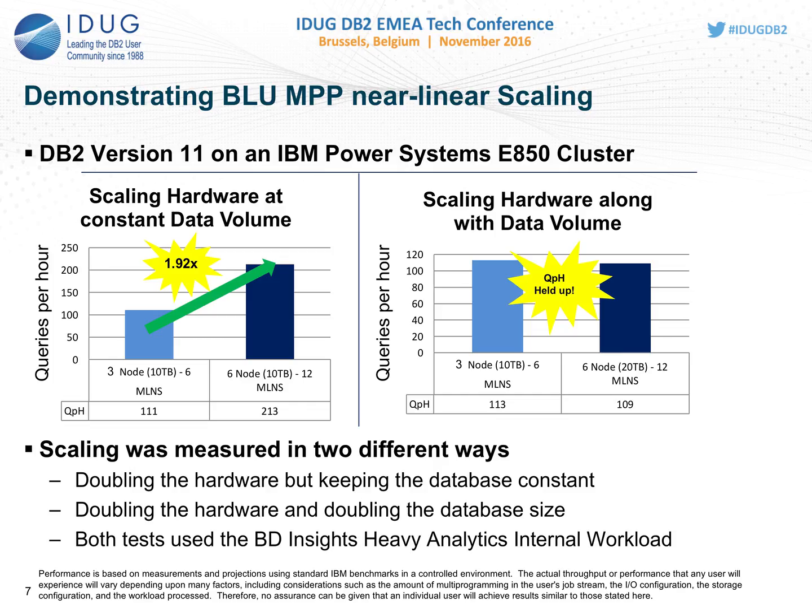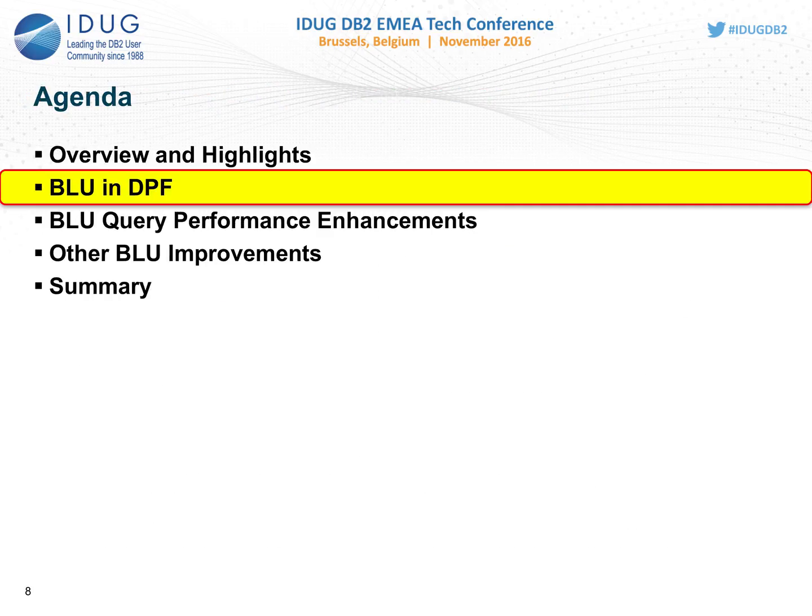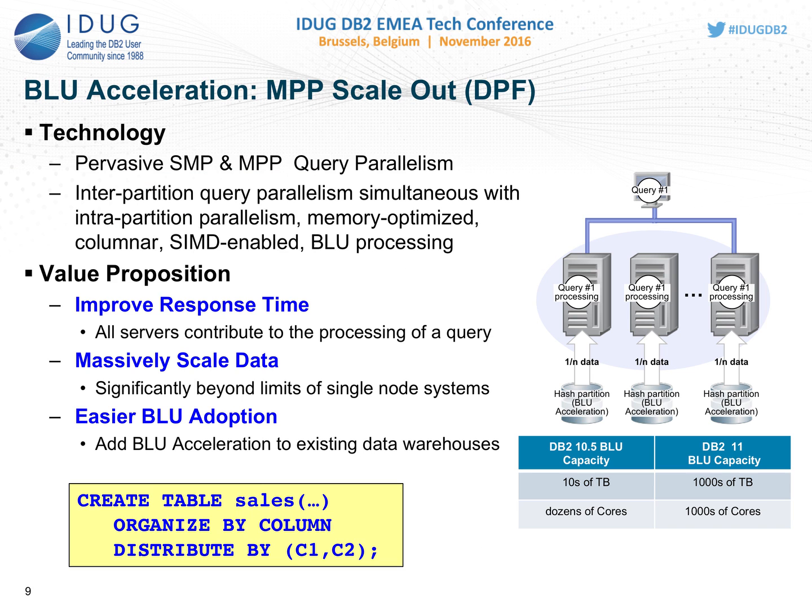Okay, so let's look at BLU in DPF. I assume that most of you are familiar with DPF, the concept where a database is partitioned, and the database partitions can be spread over multiple servers, so you have horizontal scale out, and so far that was not possible with BLU. Now in version 11 that is supported with BLU.